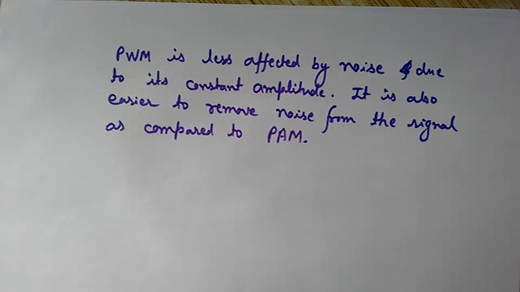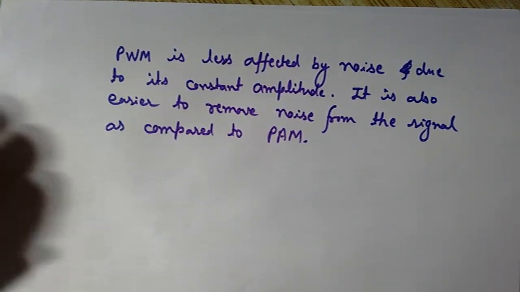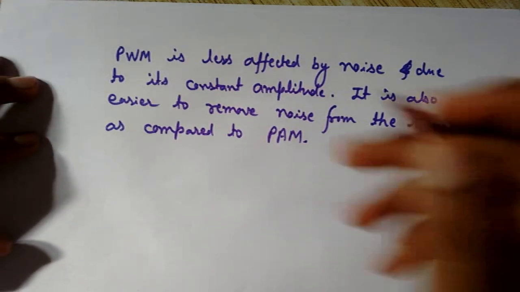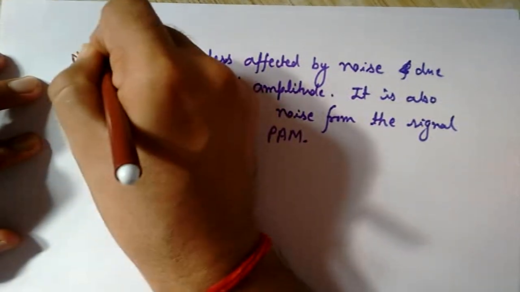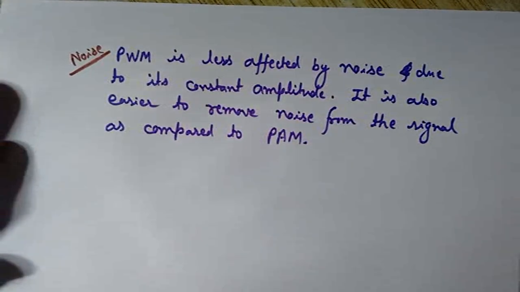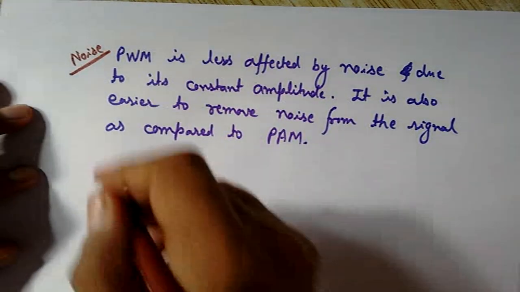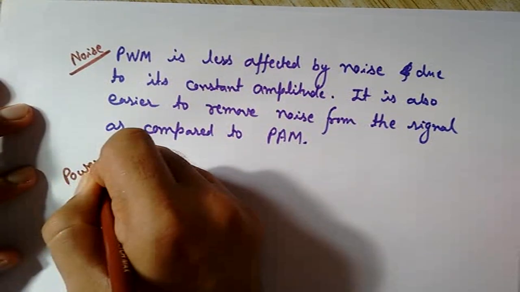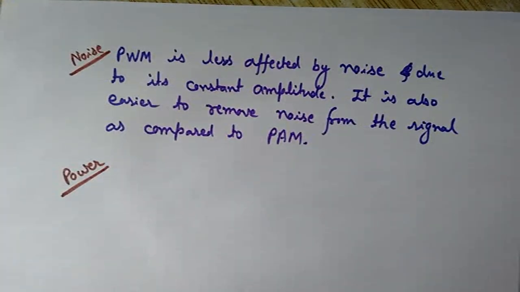Okay, so one more thing that you should notice here, this thing is related to noise, and now I am going to tell something about power. One more thing that you should notice here about PWM is that in PWM, because of changing widths of the pulses, the instantaneous power of the transmitter varies.